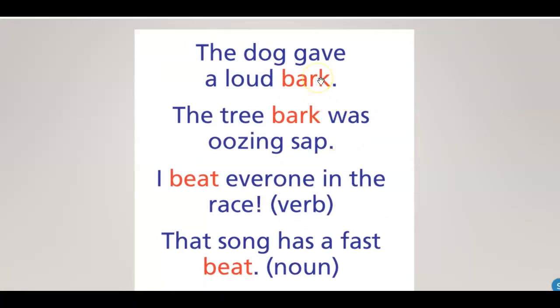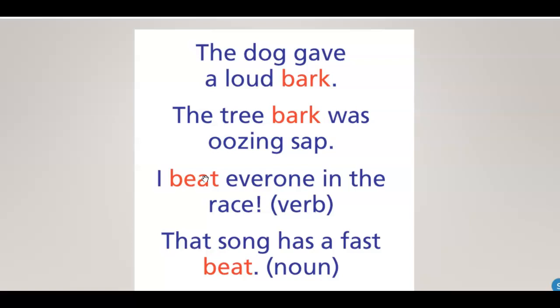Or bark, as in the dog gave a loud bark, as in the sound that they make, but bark, spelled the same way, can often refer to the outer layer of a tree. Or the word beat. There's I beat everyone in the race, as in to conquer somebody or to win.